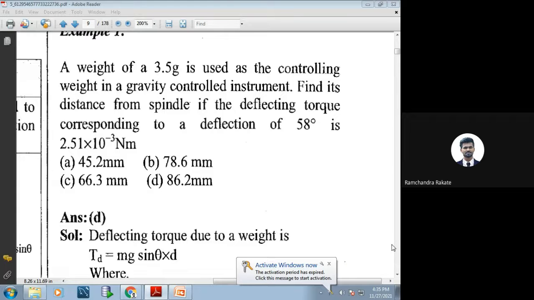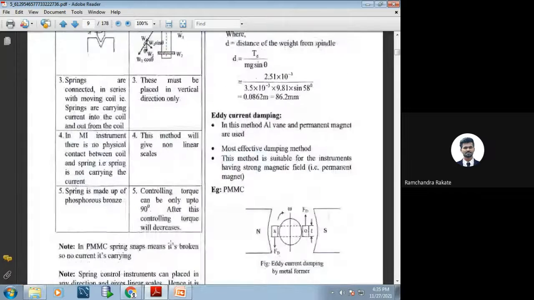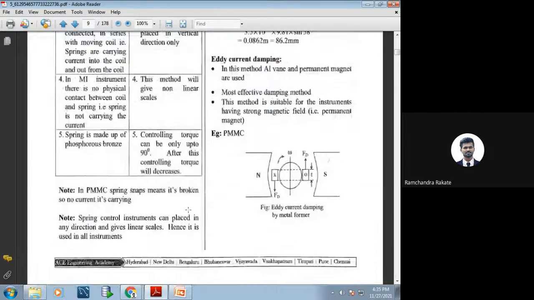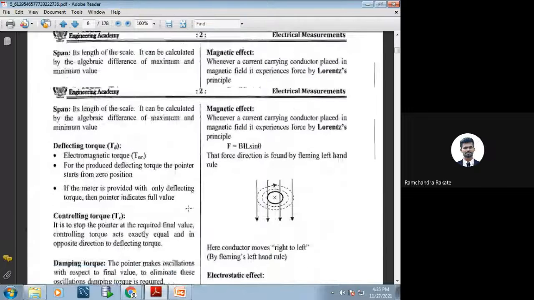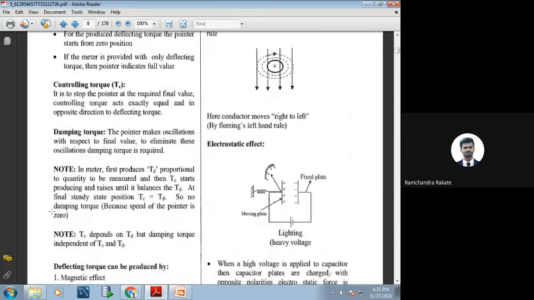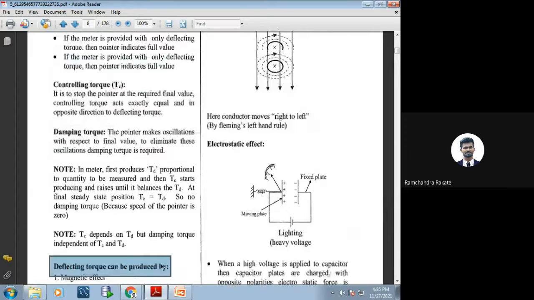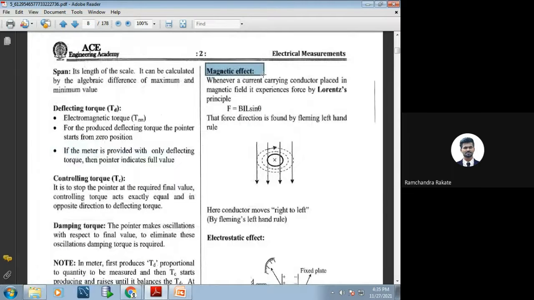We'll focus on the next part, that is the effect. As we have started, deflecting torque can be produced by certain effects. One of them is the magnetic effect. Magnetic effect works on the principle of Lorentz law.